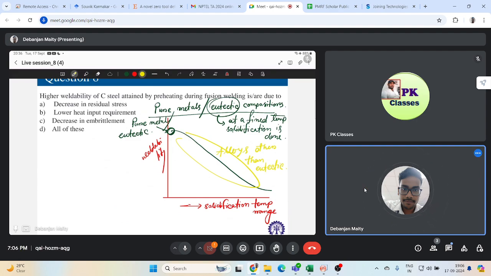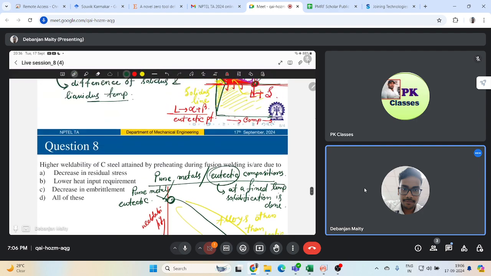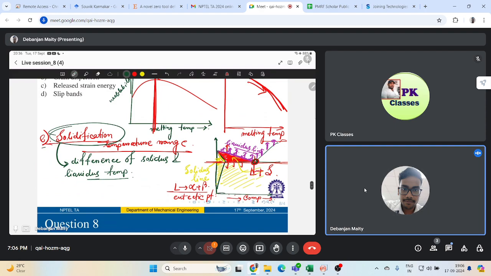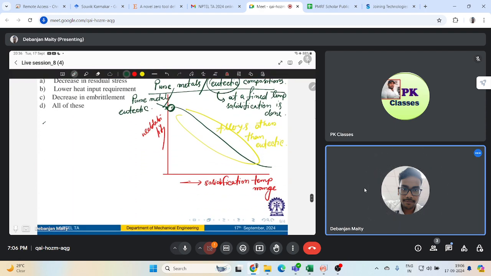Next, we can come to the parameters like thermal properties of your metal. Depending on your thermal properties, your weldability will vary a lot. So what was my E? This was E, and then I will have F. So I will be talking about thermal properties.